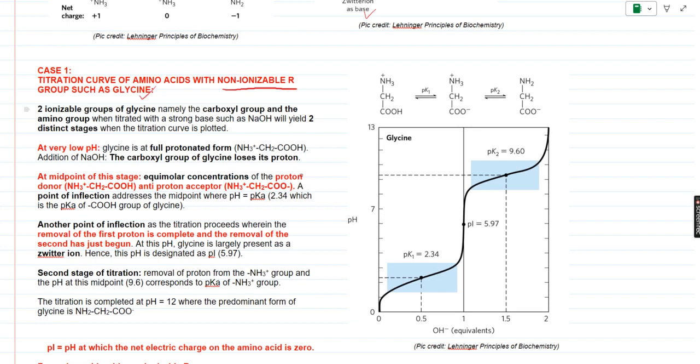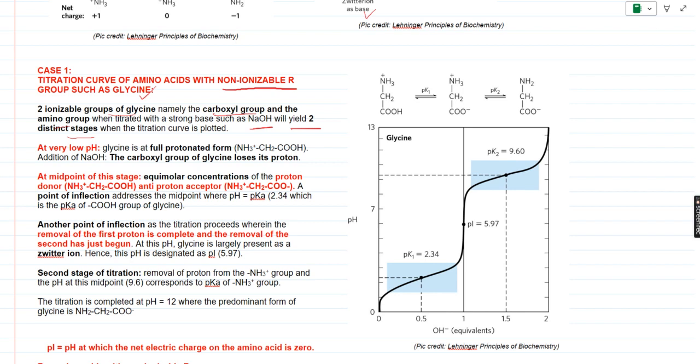I took glycine as the most important example because that is explained well in all textbooks. There are two ionizable groups in glycine, namely the carboxylic acid group and the amino group. When titrated with a strong base such as NaOH, sodium hydroxide, which is a very strong base, the glycine solution is going to yield two distinct stages when the titration curve is plotted.